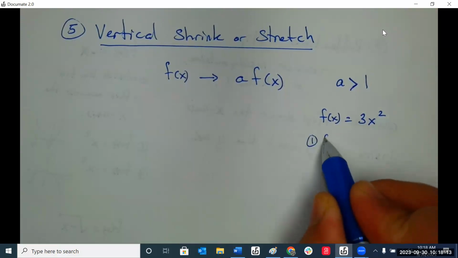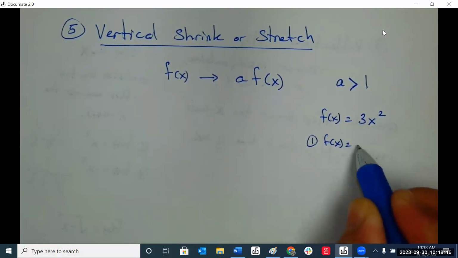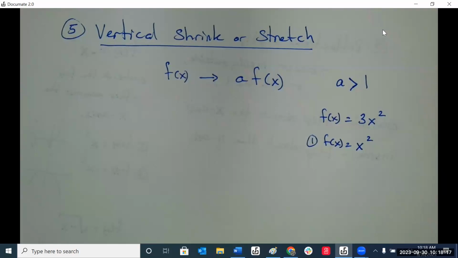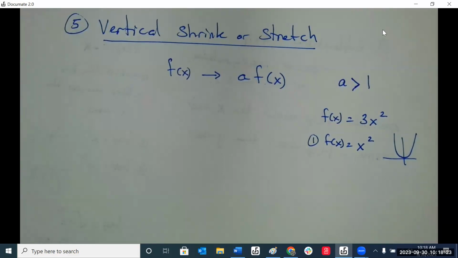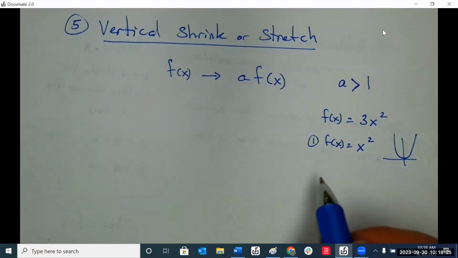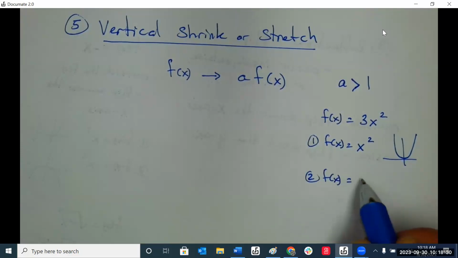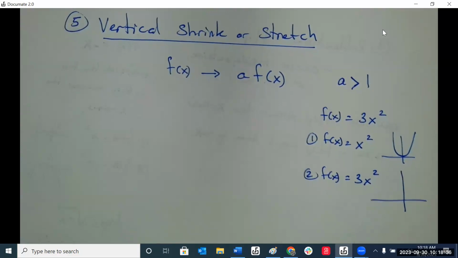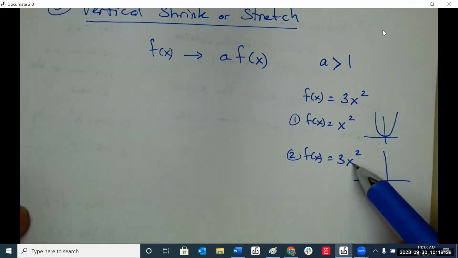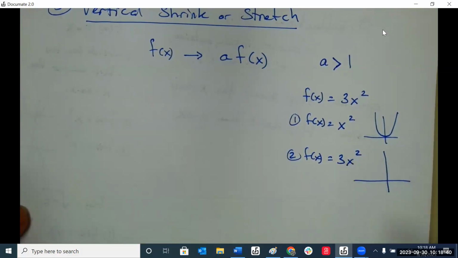The way we graph this is you always start off with the original function. In our case, it's x squared. But what I'm doing here is after I get my value for x squared, I triple it.